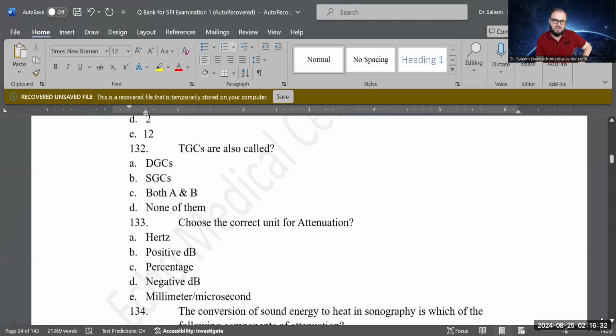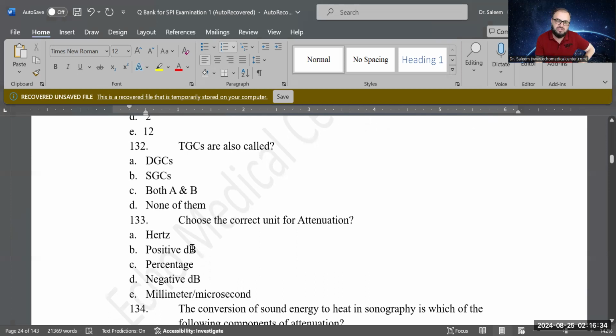Okay, now next question. It's asking, choose the correct unit for attenuation. Be careful here, okay? Let me ask the question first. Which one is the correct answer? Hertz, positive decibel, percentage, negative decibel, or millimeter per microsecond.